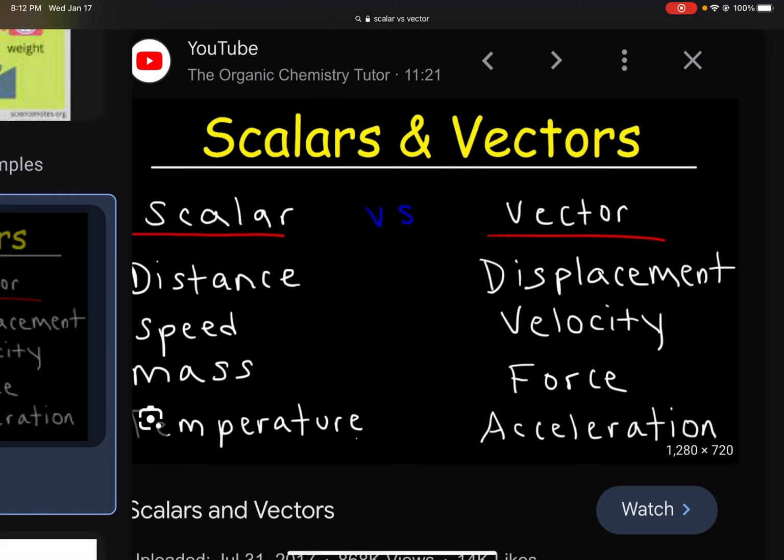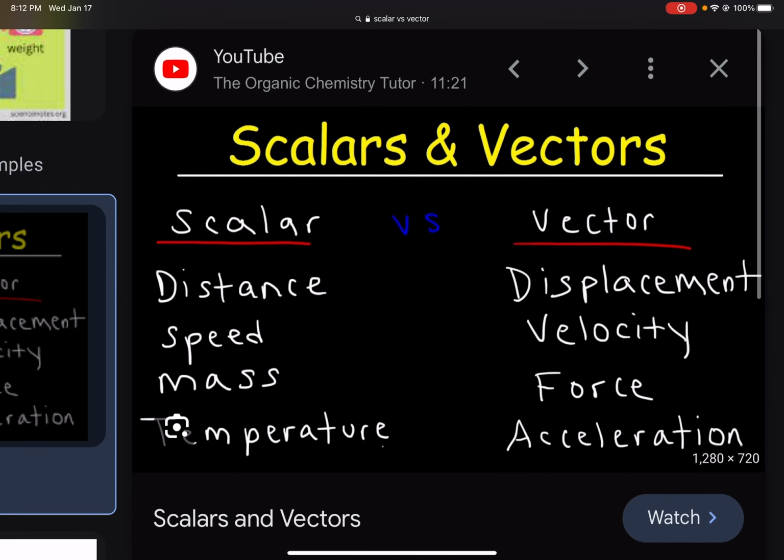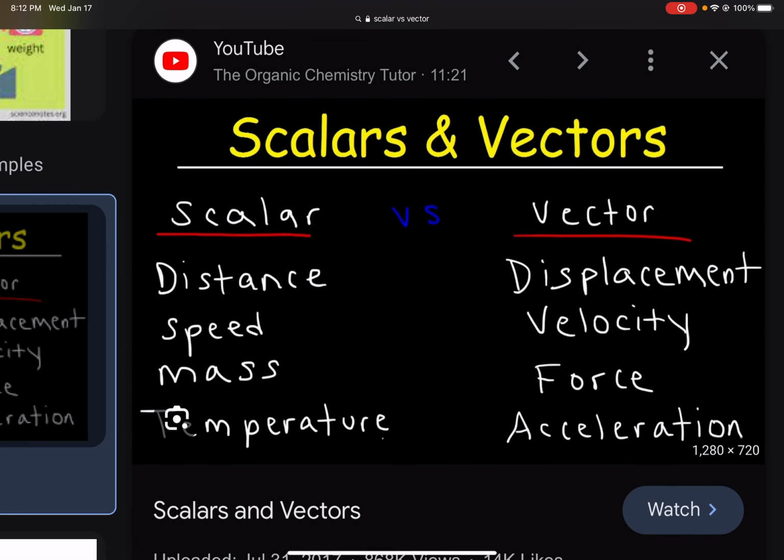For scalar quantities, we have distance, speed, mass, and temperature. So just think about it. The things under scalar quantity don't have a direction for themselves. For instance, temperature. You can't say northeast, south, or west in temperature, right? So yes, temperature is scalar.